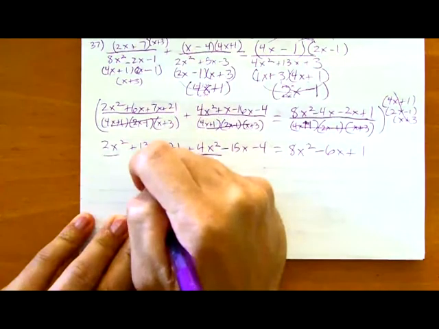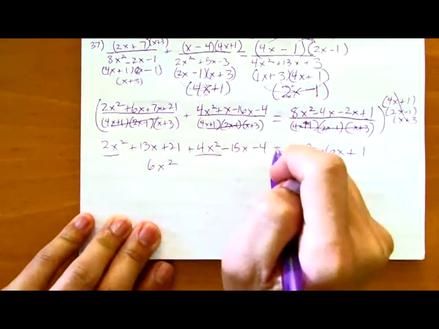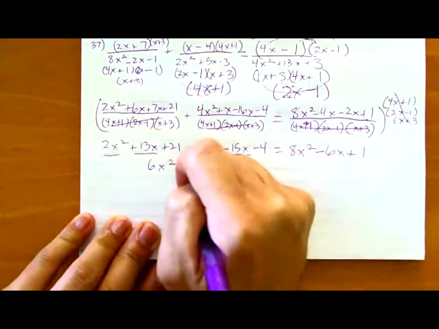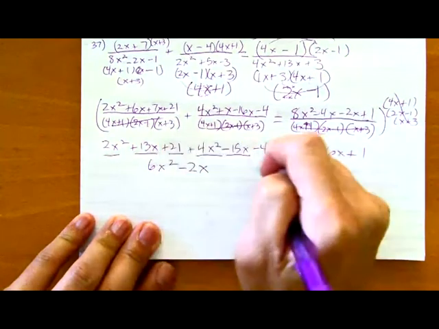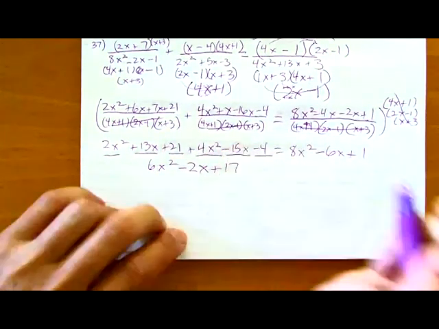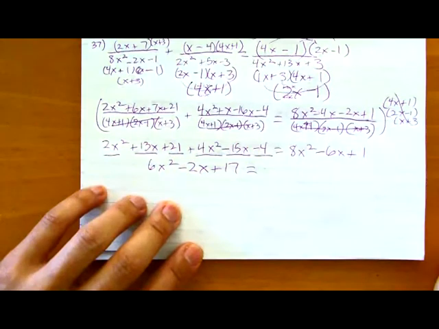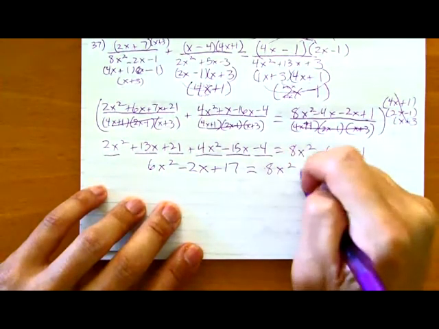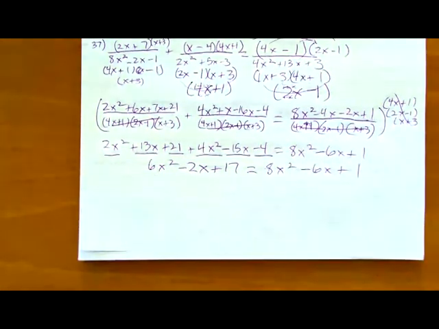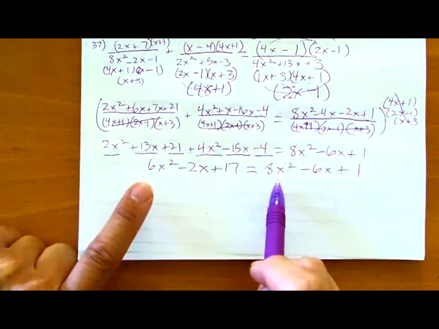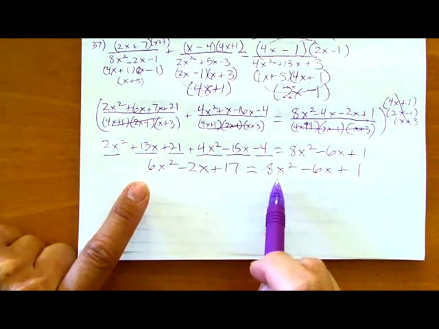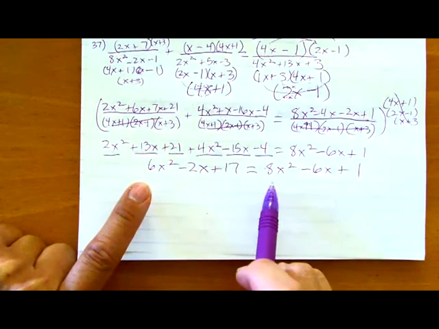That would be 6x squared minus 2x plus 17 equals 8x squared minus 6x plus 1. Okay, since we still have x squared terms in the problem, let's go for standard form. I'm going to get a 0 on one side.